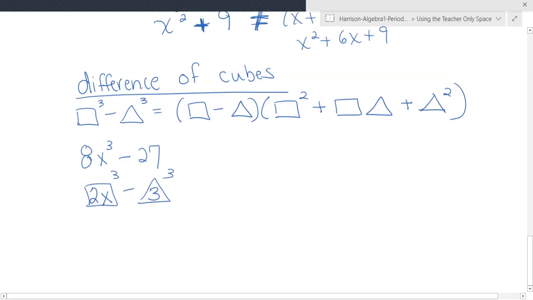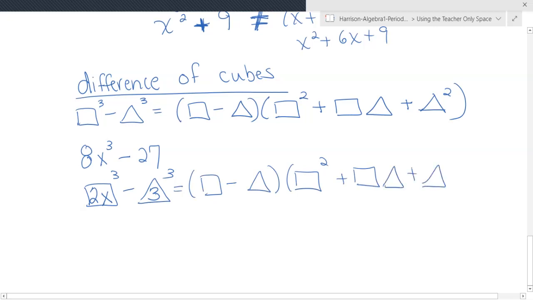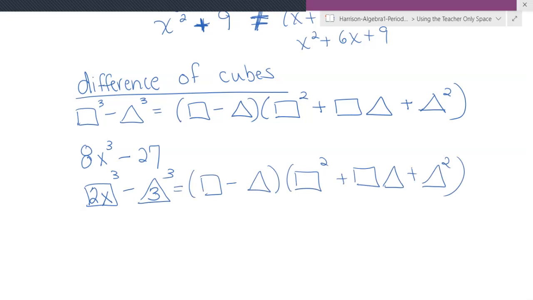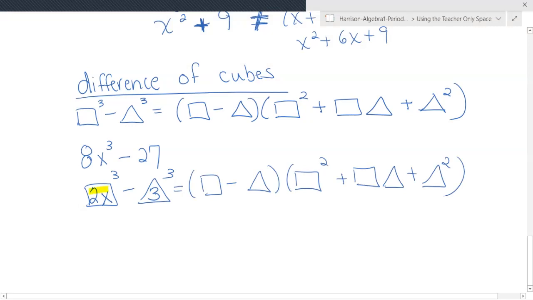So now this formula, which might have looked complicated when you first looked at it, is just a matter of making these substitutions. All right, so everywhere we have our square box, we are going to put in 2x.